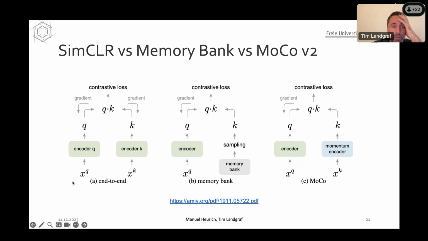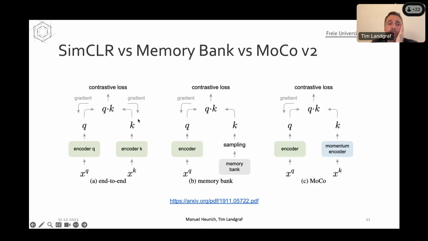This is a little summary of how these approaches differ. We haven't talked about the middle one here, which I don't think we will and we should. The memory bank is basically a vector store on disk. It's pretty slow, and the way they do it allows even taking more samples with less memory requirements, so it's basically rendering this approach unnecessary anymore.